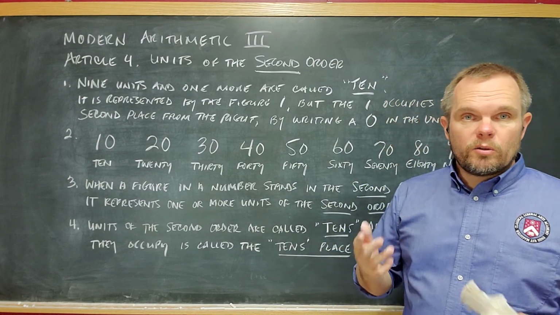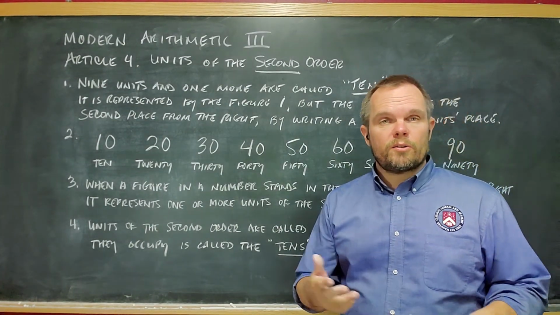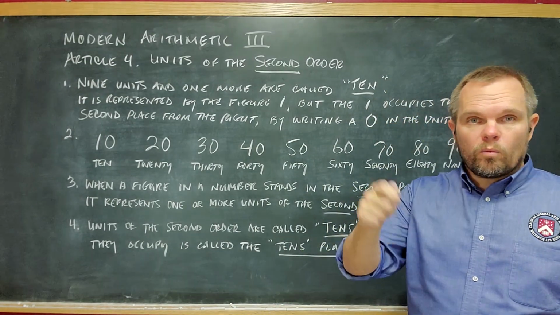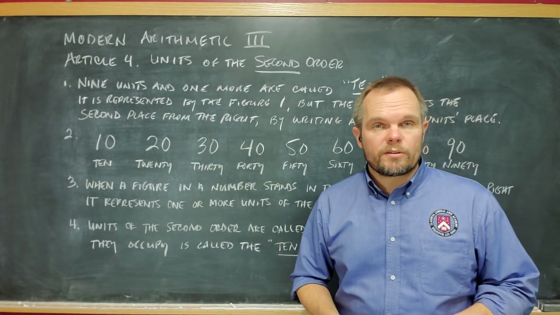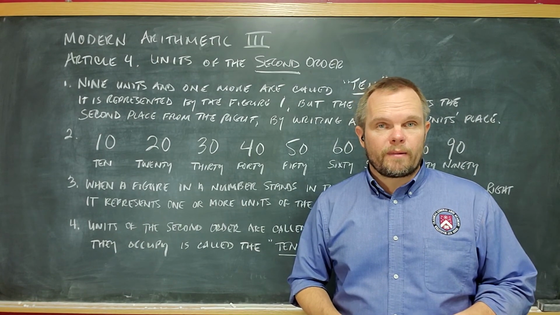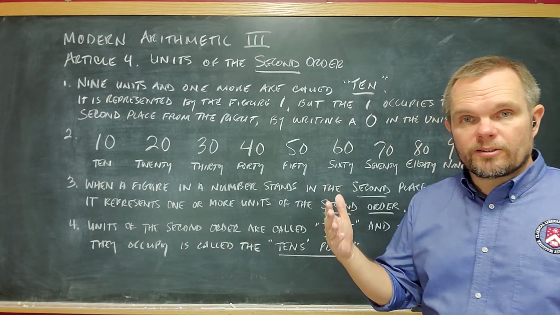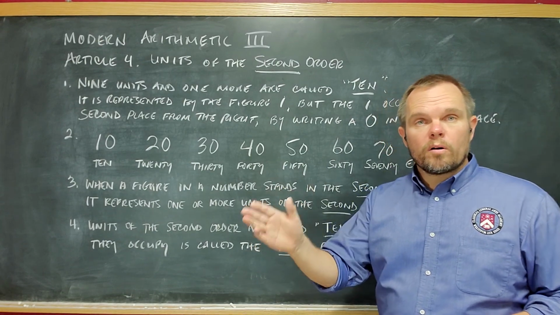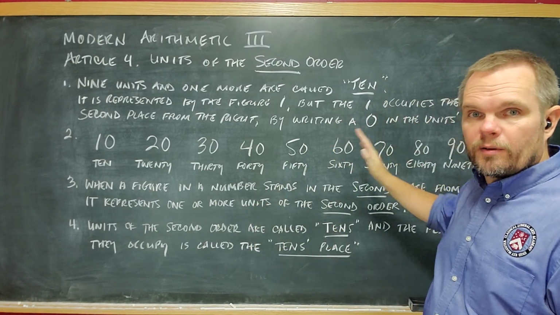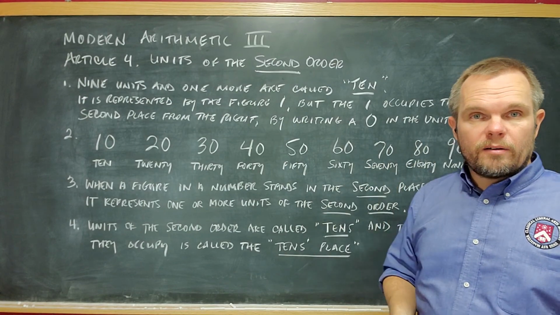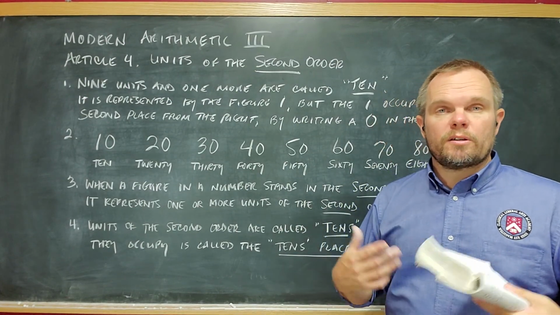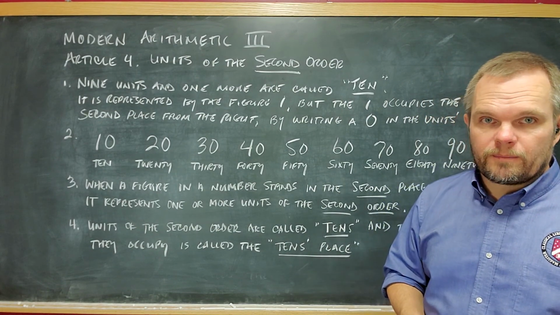And we said that units from 1 to 9 are expressed by simply writing one of the 9 figures in Arabic notation. We said that if the figure stands alone, or if it stands in the first place on the right side of a number, it represents the number of units and is called the units place.